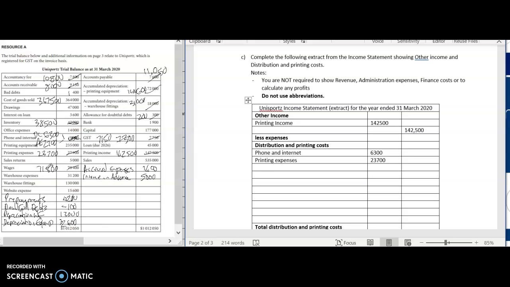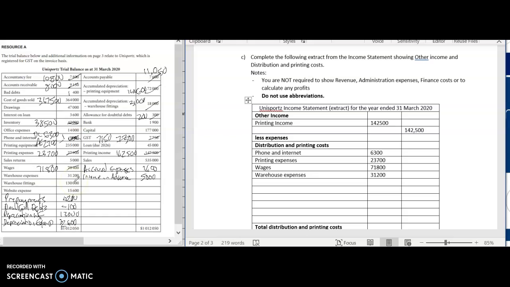So we're certainly going to put that one in then. Wages 71,800. Again, get that satisfaction because it's changed here. That's merit or excellence. Warehouse expenses are part of the distribution. Just an achieve mark for that because it was pre-printed.